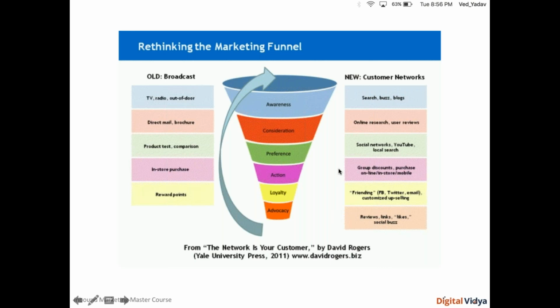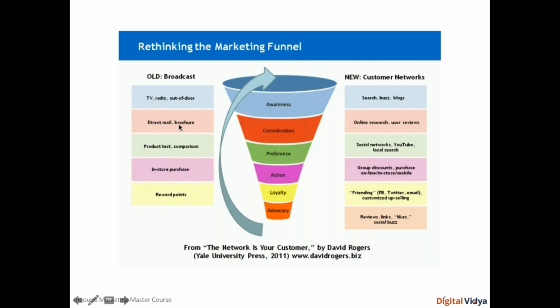Now, what else? The second thing is that it became more of a cyclic process than the linear process it was earlier. Earlier, let's say you wanted to sell 10,000 products in a store. For that, you were typically reaching out to 1 crore people.